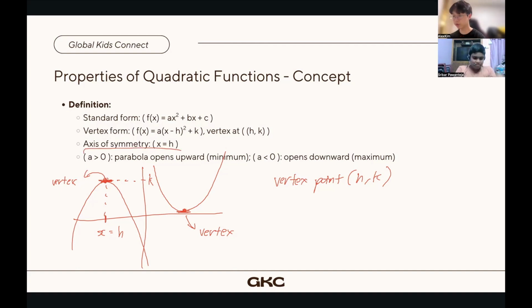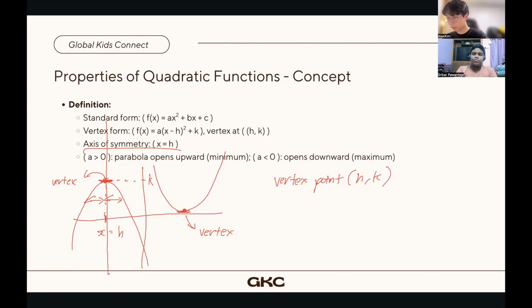This axis of symmetry is basically the invisible line that goes through a parabola, that shows symmetry for each side of the axis itself. Usually the axis goes through the x value at which the vertex exists. So in our case, x equals h is the axis of symmetry.